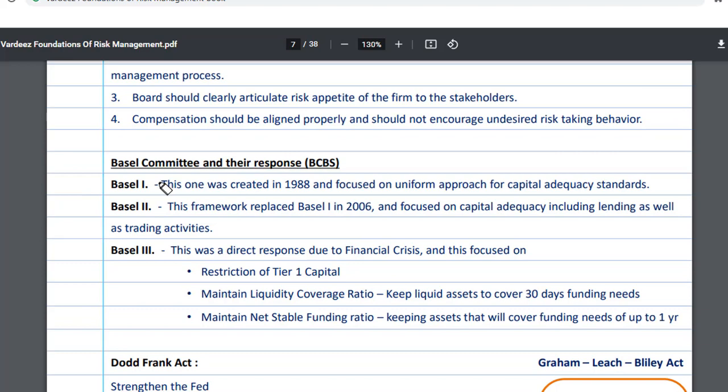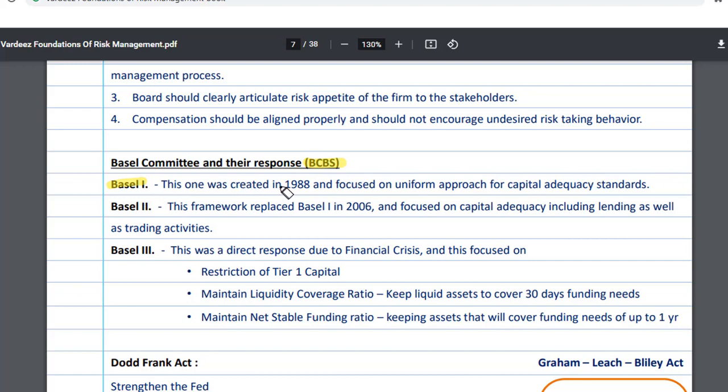Alright, now talking about the Basel Committee and their response. This Basel Committee, this BCBS, the Basel Committee on Banking Supervision. Currently, there are 3 Basel prescribed standards. The very first one is Basel 1.